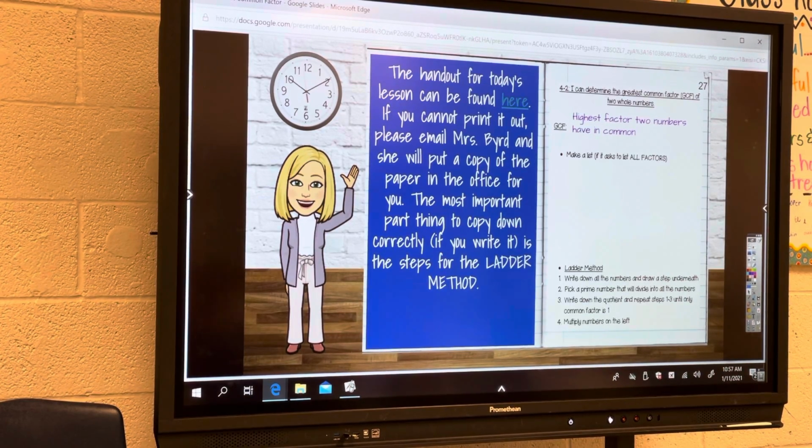So I want you to tape that paper on page 27, and I want you to write the definition for GCF. Write it on that. Everybody should be writing it on that paper. Jenna, you need to write it. I already did.